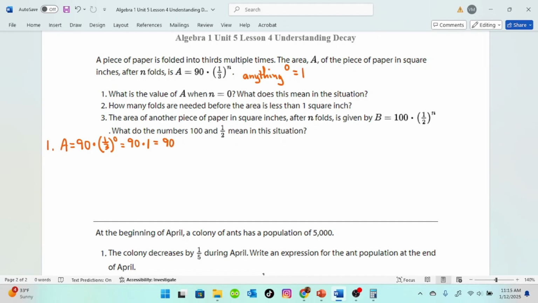And what this means is the area is 90 square inches before it's been folded.